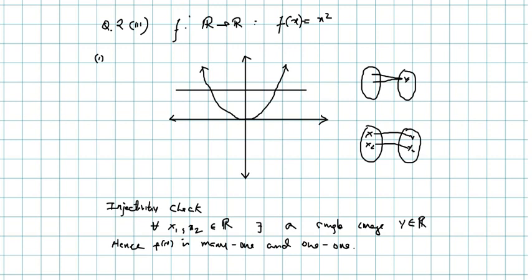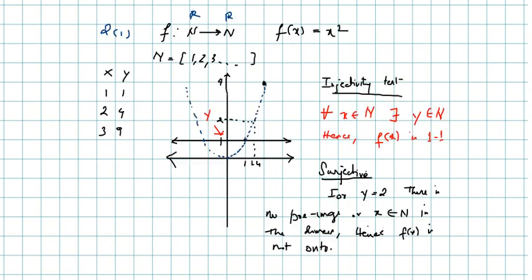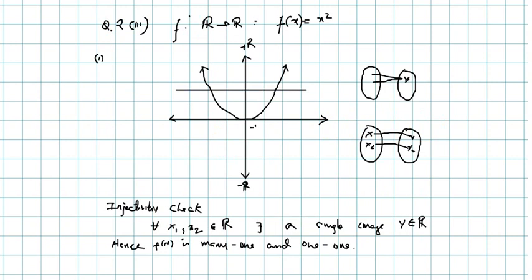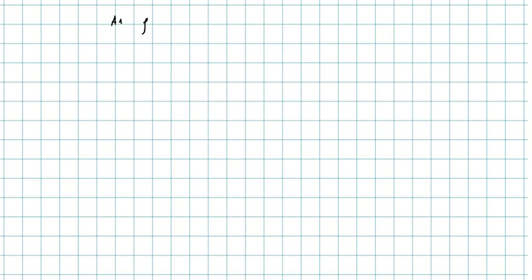Let us see it for surjectivity. This must be the plus, all the positive real numbers here, and this must be the negative real numbers. You can see for all the negative numbers, the graph has no values, right. As f of x equals x square, there is no y element from 0 to minus infinity.